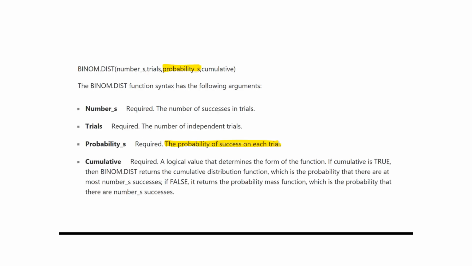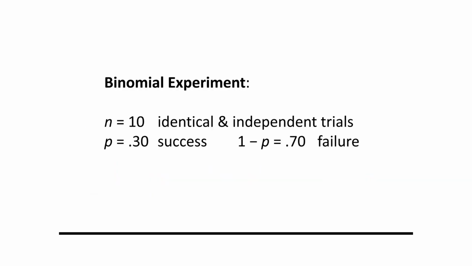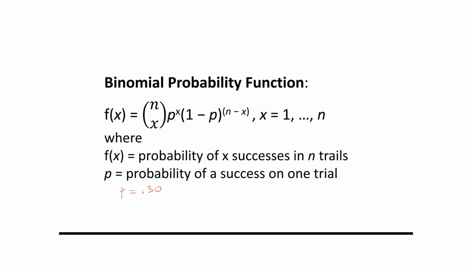The third argument is probability of success in each trial, and the probability of success we said was 0.30, presented as p earlier in our binomial experiment. P is the notation that was also used in our algebraic expression of the binomial probability function.